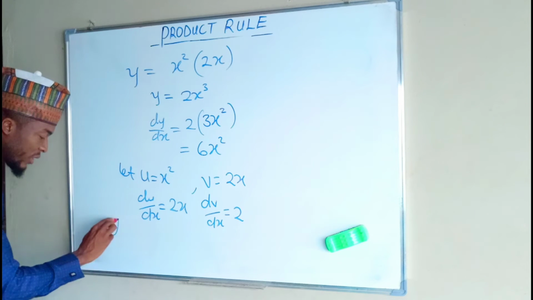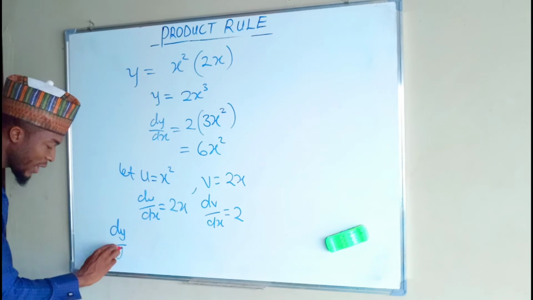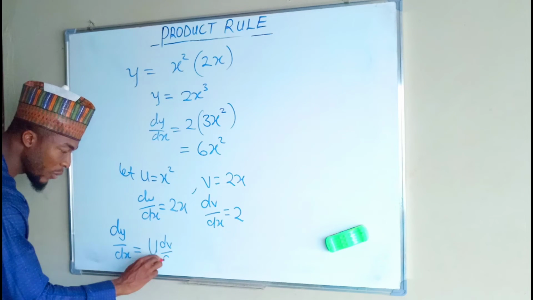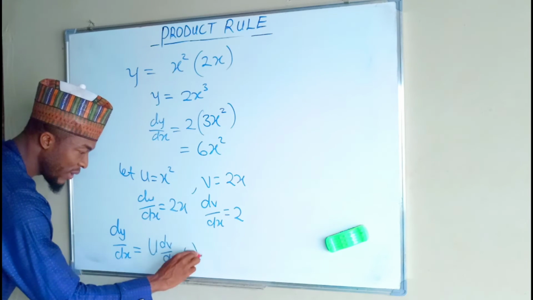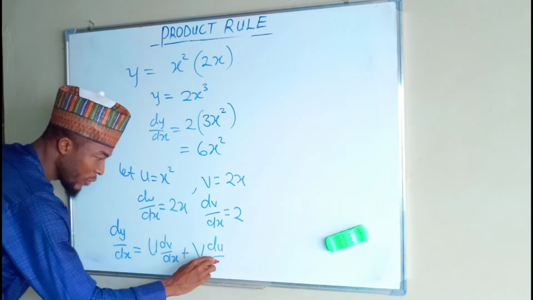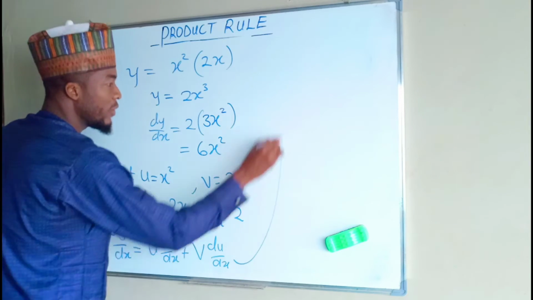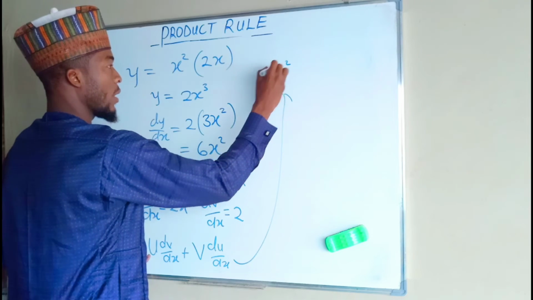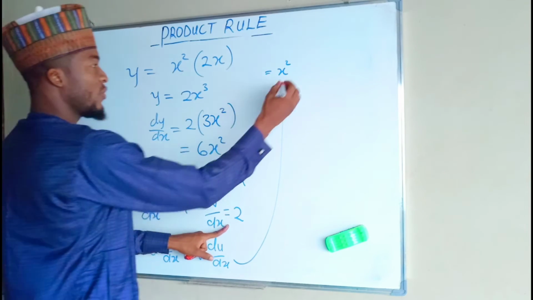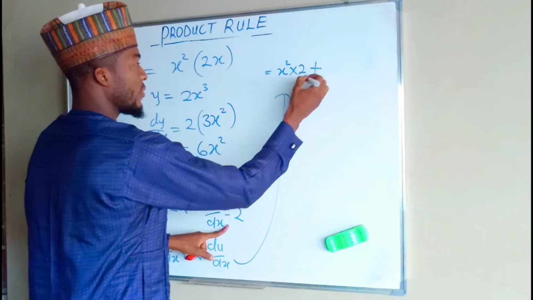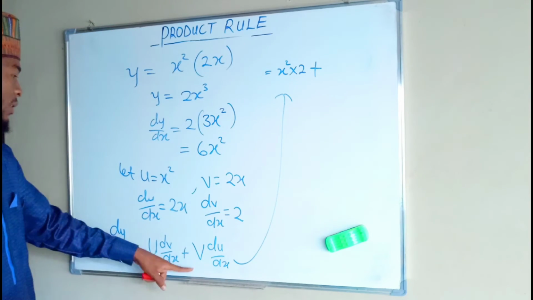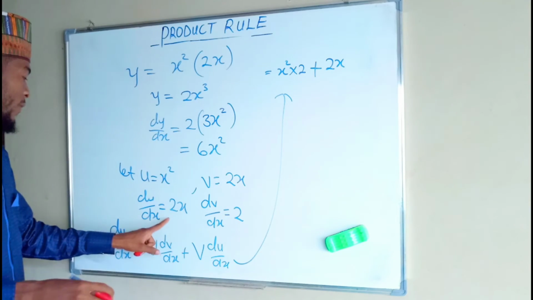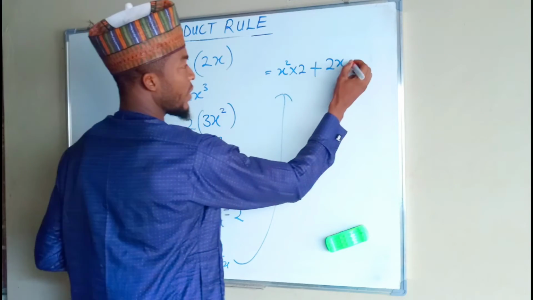Now using the rule which says dy over dx is equal to u dv over dx plus v du over dx, this will give us, you know that u is x squared, dv over dx is 2, then plus v, and you know v is 2x, du over dx is 2x.